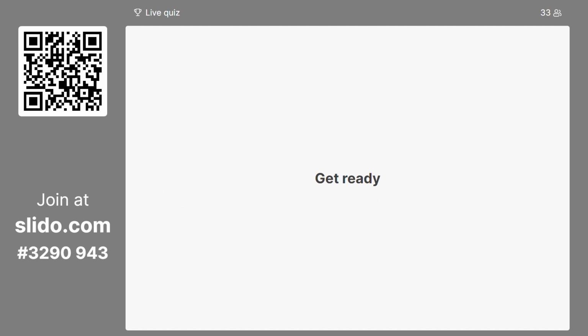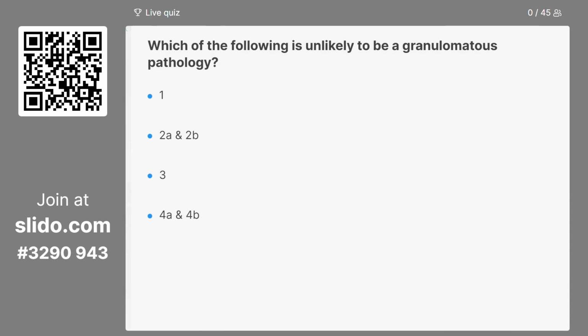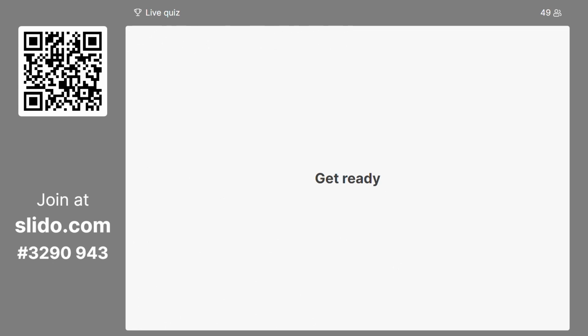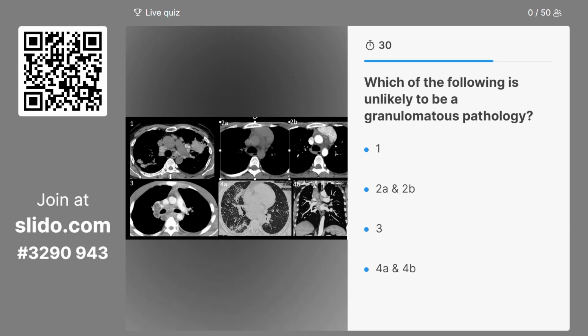So the next question. Any of you who haven't scanned the code, you could do that and start answering. An image-based question. The question goes like this. There are 4 sets of images, 1, 2A and 2B, 3 and 4A and 4B.